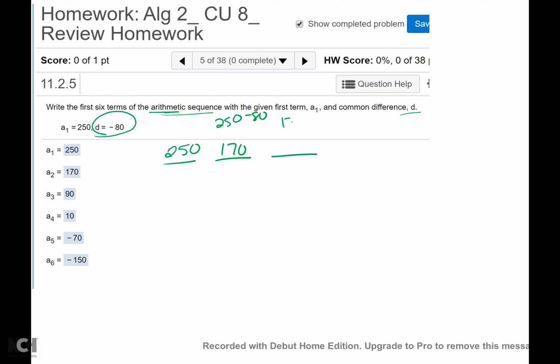To get the next term, you take 170 and subtract 80. And you get 90. To get the next term, you take 90 and subtract 80, and you get 10. To get the next term, you take 10 and subtract 80, you get negative 70. To get the next term, you take negative 70 and subtract 80, you get negative 150. You just keep continuing the pattern until you get all the terms they want.